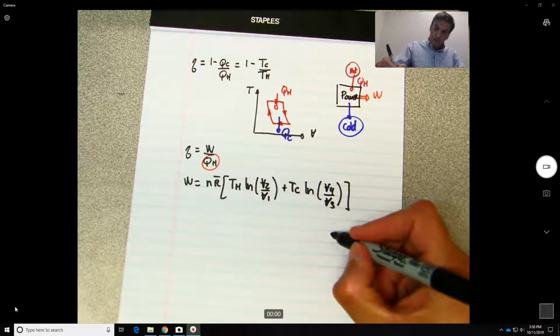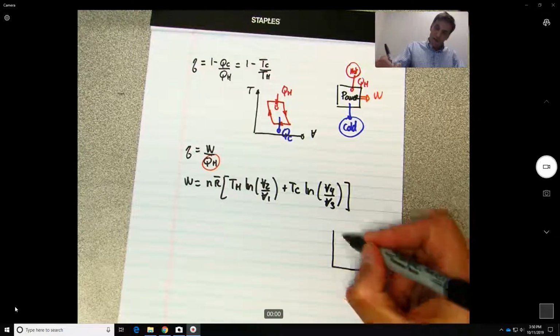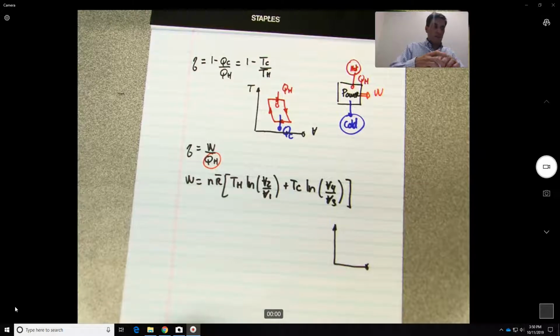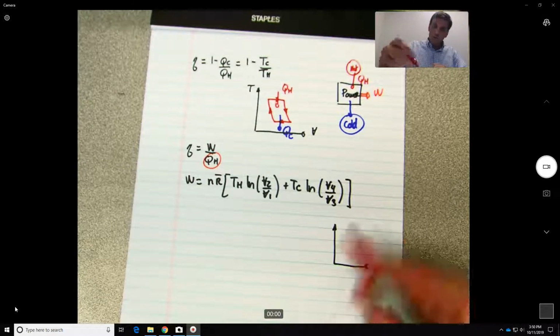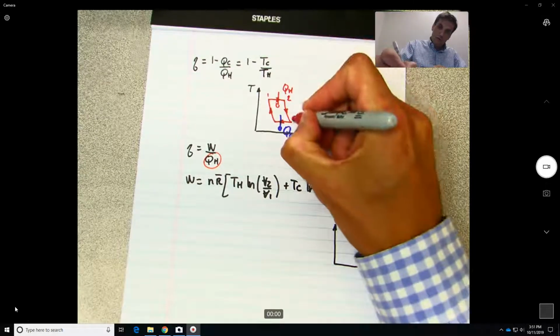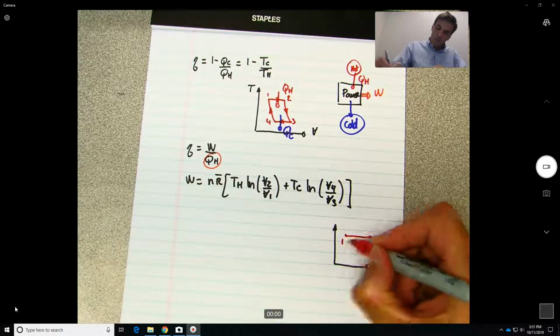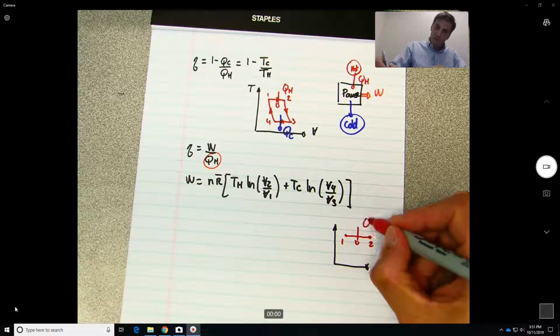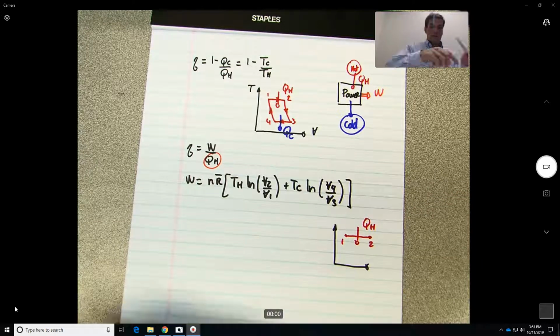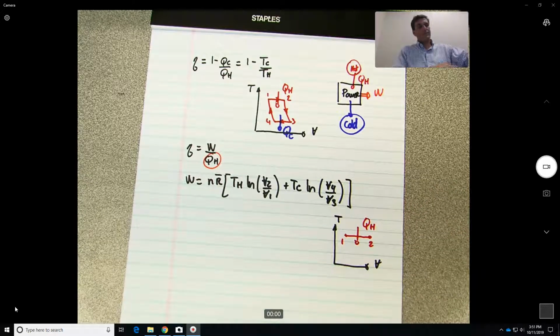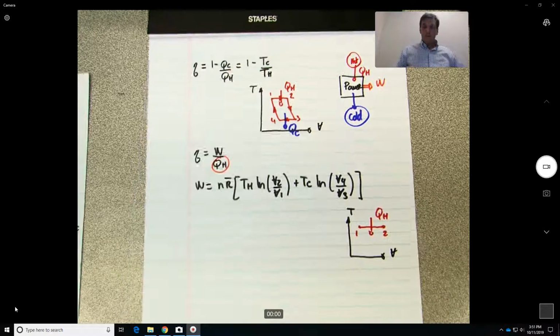So that's for the section between 1, 2, 3, 4, so it's between 1 and 2. Okay, so let's see.